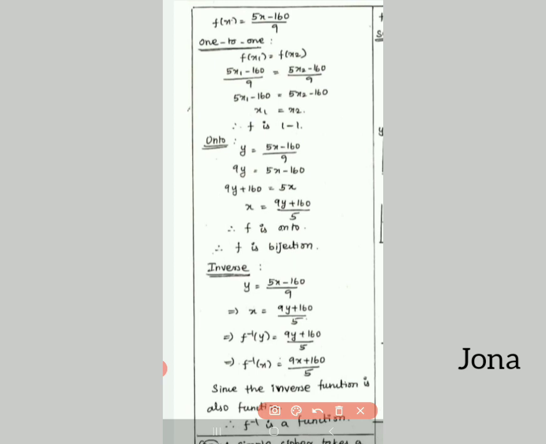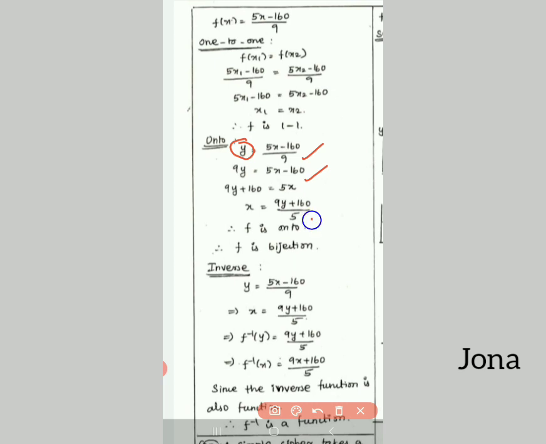Then I want to prove onto. So y is nothing but f of x, that is f of x equal to 5x minus 160 by 9. Instead of f of x, I can write y. Okay, cross multiply. So 9y equal to 5x minus 160, and then 9y plus 160 equal to 5x.